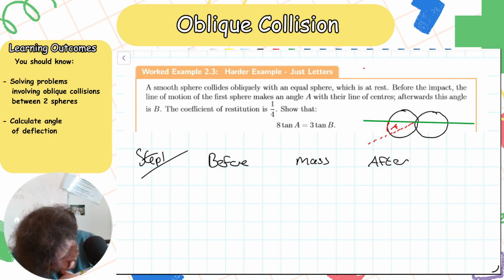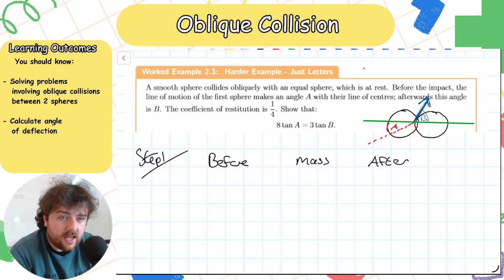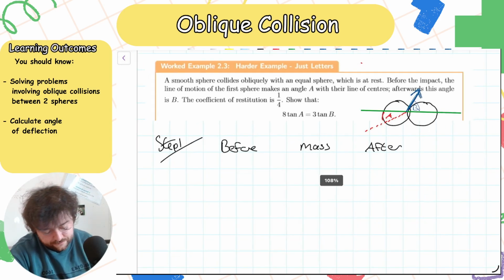Afterwards, the angle is B. I don't necessarily know what direction the sphere is going, but all I know is afterwards it makes an angle B with the y-axis.